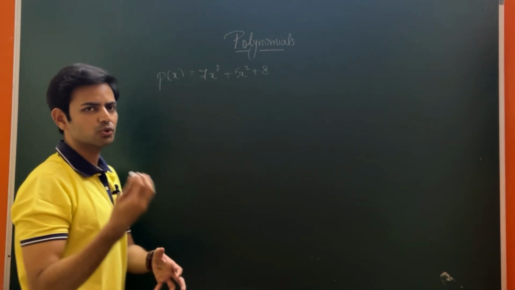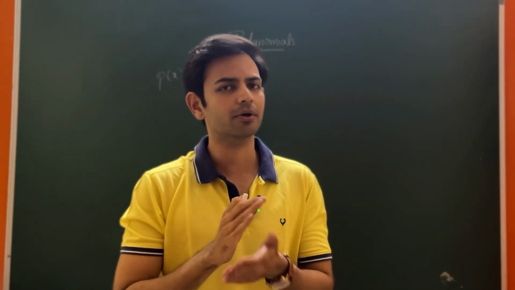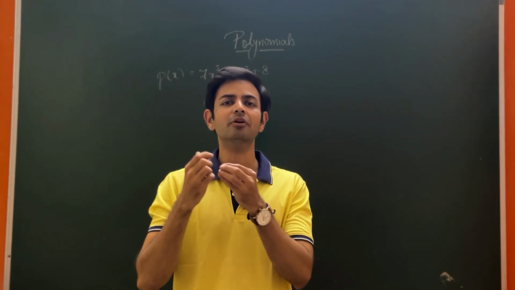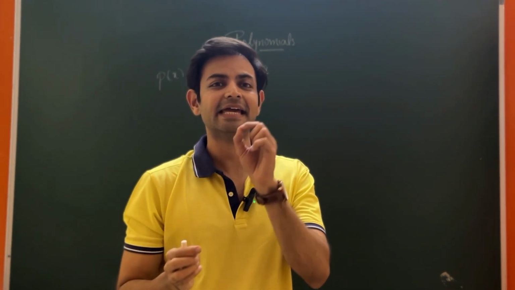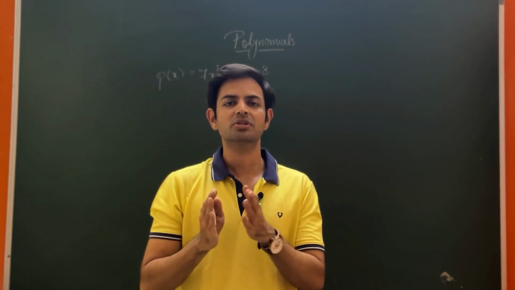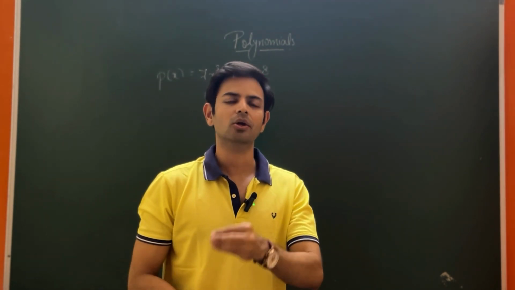So, the question usually asked is how to identify if the given expression is a polynomial or not. The simple way to identify this is if the power of x is anything except a fraction or a negative power, which means the x cannot be in the denominator or it cannot be in a root.